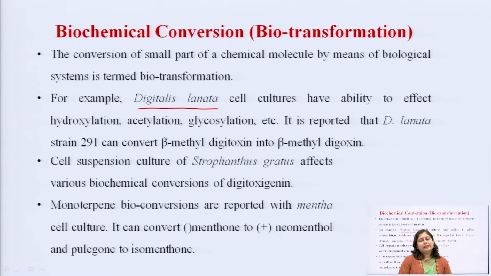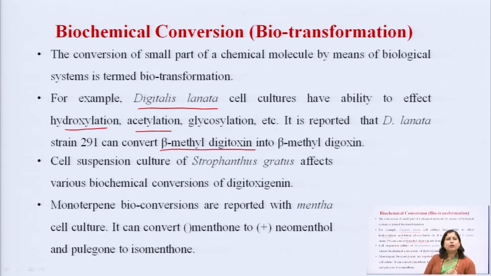It has been seen that Digitalis lanata contains a component named beta methyl digitoxin, and when we did the plant tissue culture of this Digitalis lanata, we could easily do many reactions inside the callus, like hydroxylation, addition of hydroxy group, acetylation, addition of acetyl group, or glycosylation, addition of a glycosidyl group.